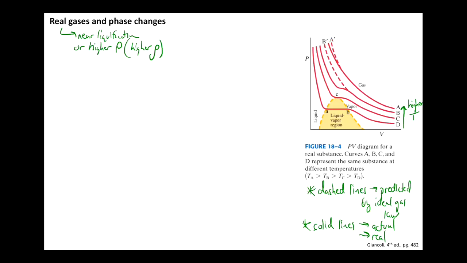So what exactly is going on here? First of all, why is this happening? Why the deviation according to kinetic theory? Remember back to the assumptions on the first slide of this chapter.